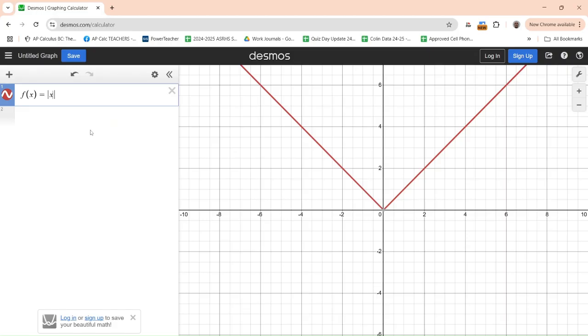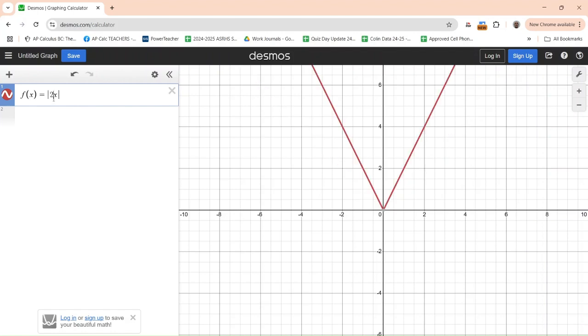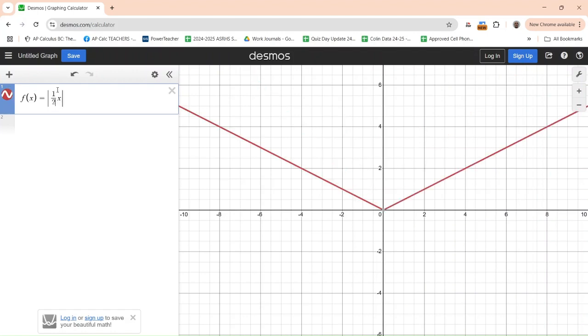So here I am back on Desmos, and let me see what happens if I just multiply by 2 inside here. When I do that, it looks like it's shrinking me horizontally, if I think about inside stuff as being a horizontal change. And then if I multiply by 1 divided by 2 instead, that stretches me horizontally.